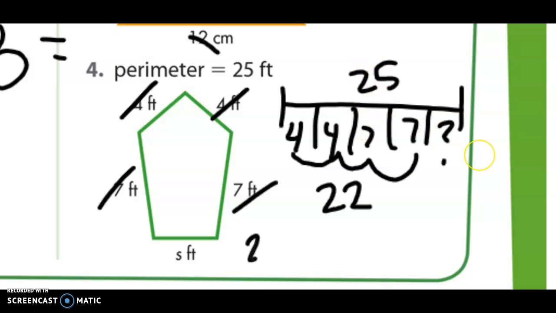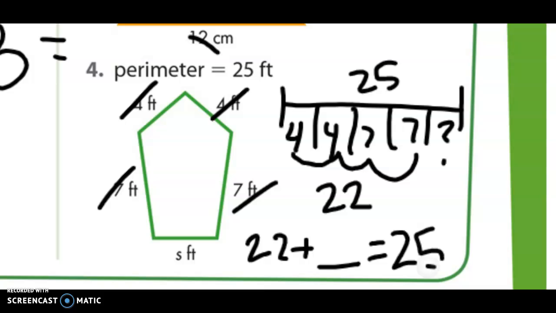So 22 plus something equals that 25. You can count up 22, 23, 24, 25. It took us 3 feet to get there.